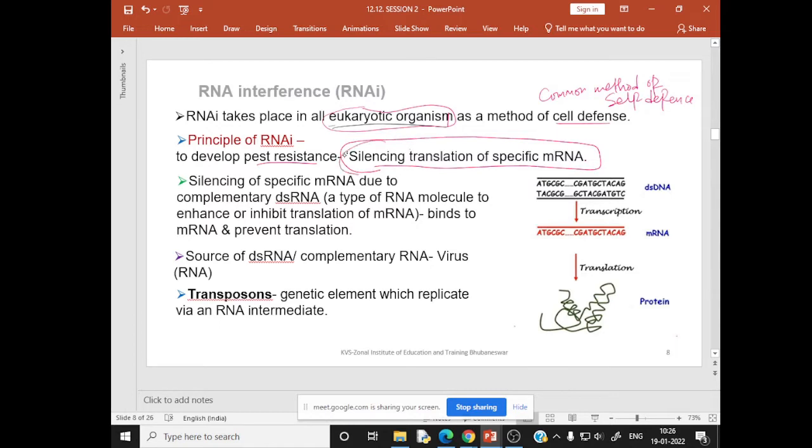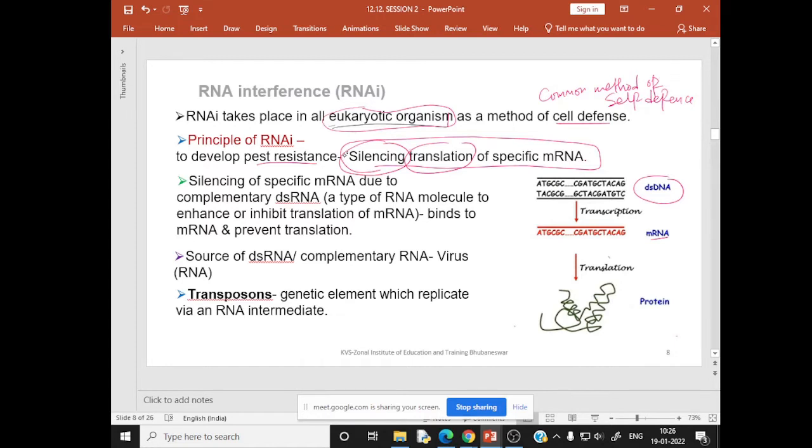Now, to develop pest resistance, we use silencing of the translation of specific mRNA. Here you see a double-stranded DNA which has a template strand and a coding strand. It undergoes transcription and forms mRNA, and from mRNA protein is formed.